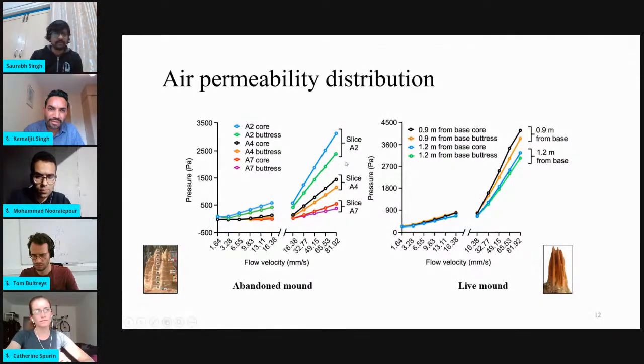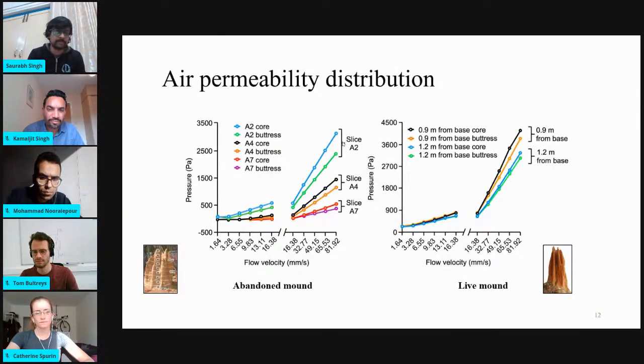For all the heights, irrespective of height, at every place we have seen that the core is relatively impermeable in comparison to the buttress. So this tells us that the termite mound has a stronger core and a porous buttress, whose permeability is also higher.